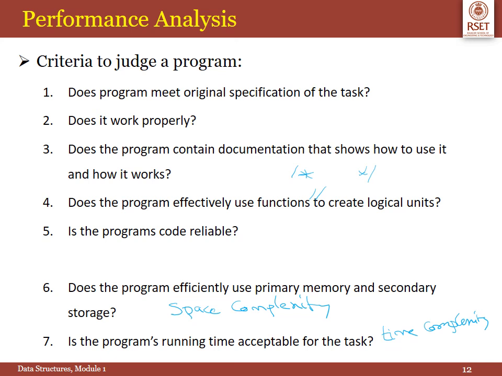The first is, does the program effectively use the primary memory and the secondary storage? We know we have a shortage of storage space, so how efficiently can it swap the values, and is all the data or the variables that have been used being effectively used or not. So this is what you call your space complexity.